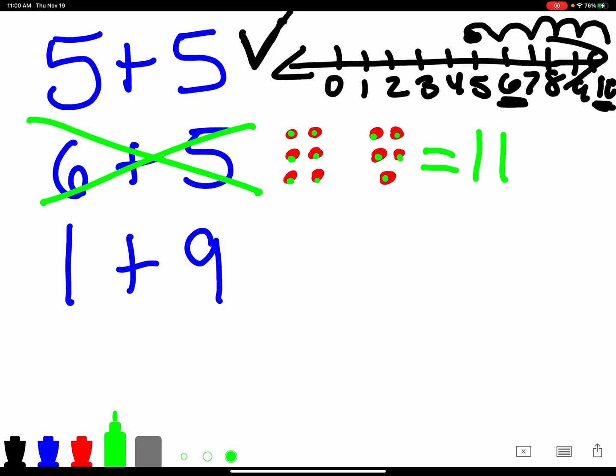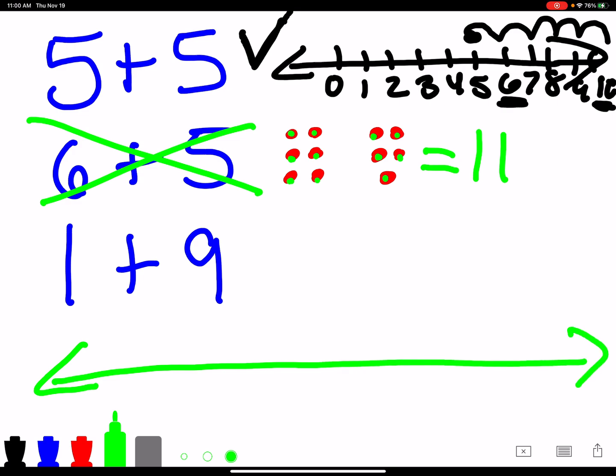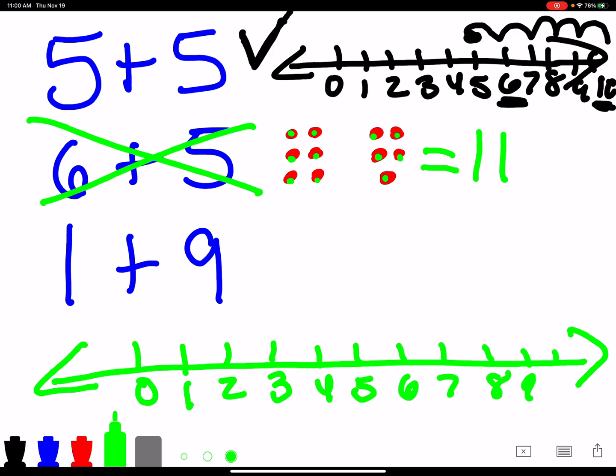Now for our next one, we have 1 plus 9. And since my number line was kind of bad at the top, I'm going to do the number line down here so you can see a better visual. We have 0, 1, 2, 3, 4, 5, 6, 7, 8, 9, and 10. So we have 1 plus 9. Now if we put our dot on the 1 and count up 9 times, that's a lot of work, right?